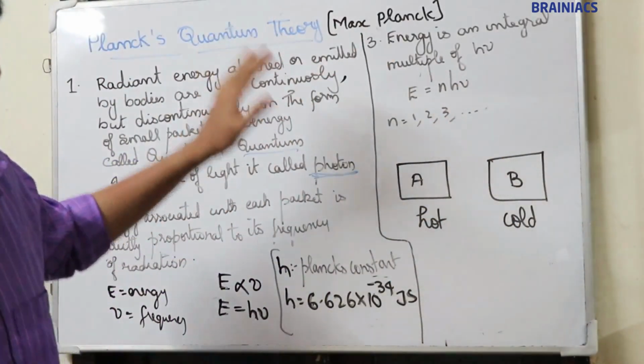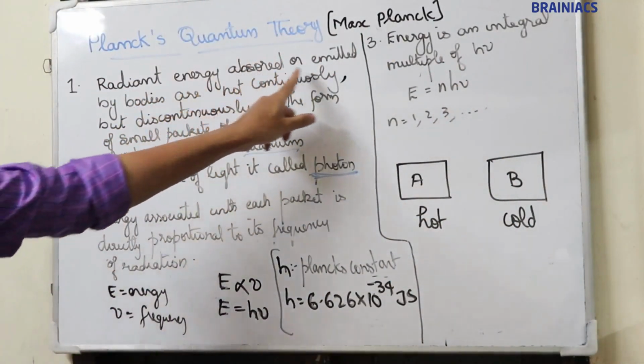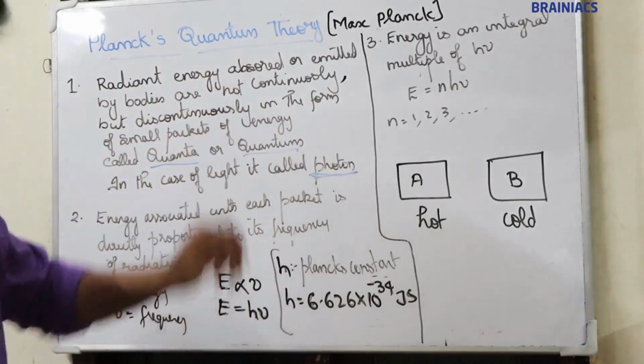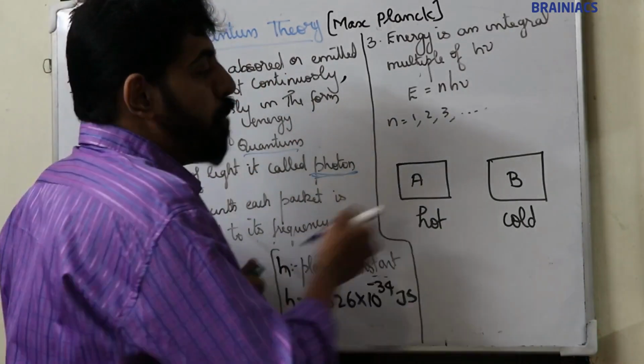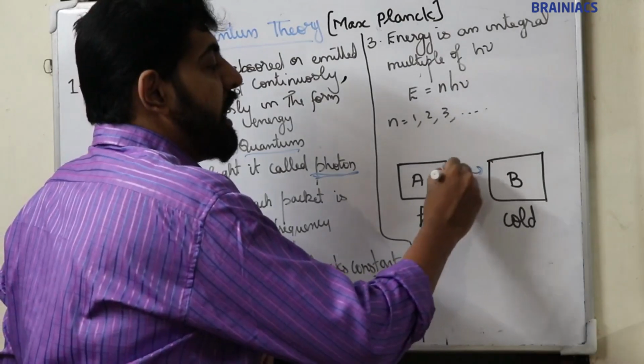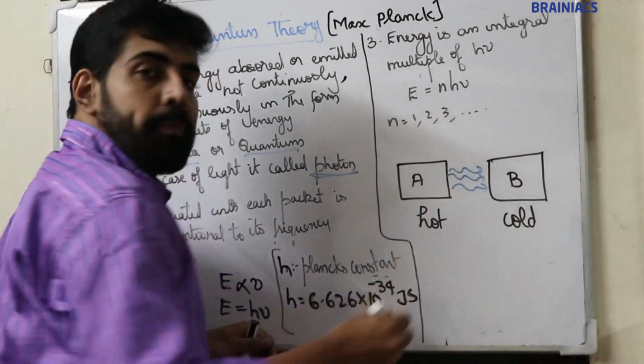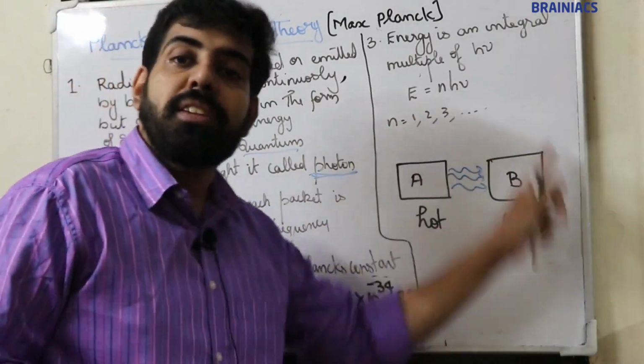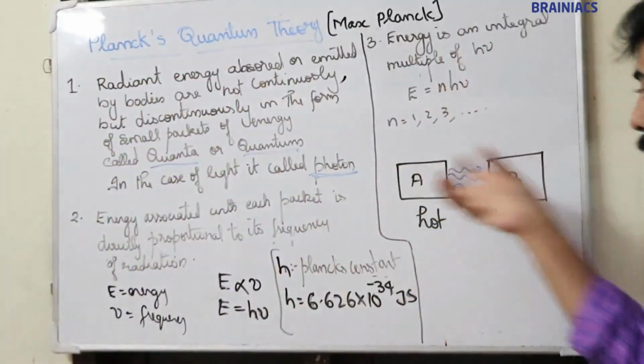Now, according to Planck's quantum theory, energy is absorbed or emitted by bodies not continuously. The hot body will not continuously give energy to the cold body.